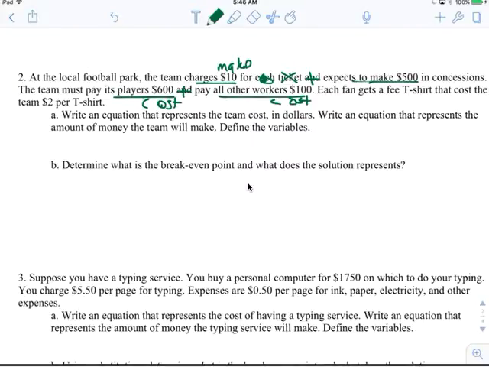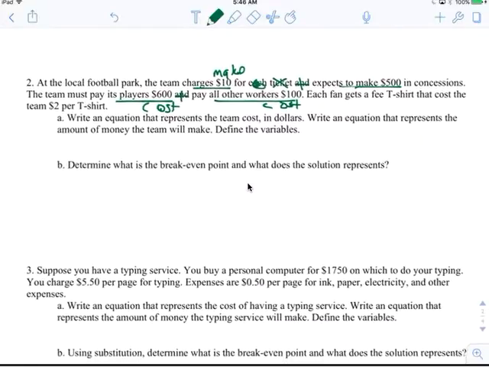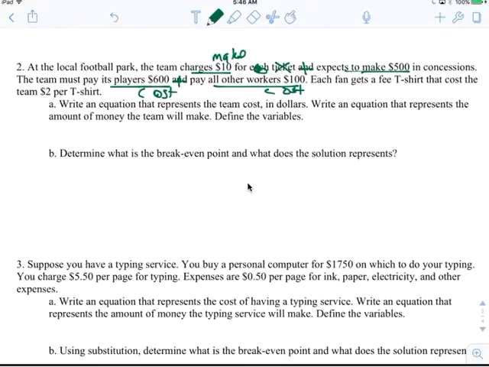Okay, each fan gets a free t-shirt. Oh, so that's a cost because you're giving the fan, each person, basically one free t-shirt. So each fan, okay, we need to use a different variable. Y gets a free t-shirt that cost $2 per t-shirt.